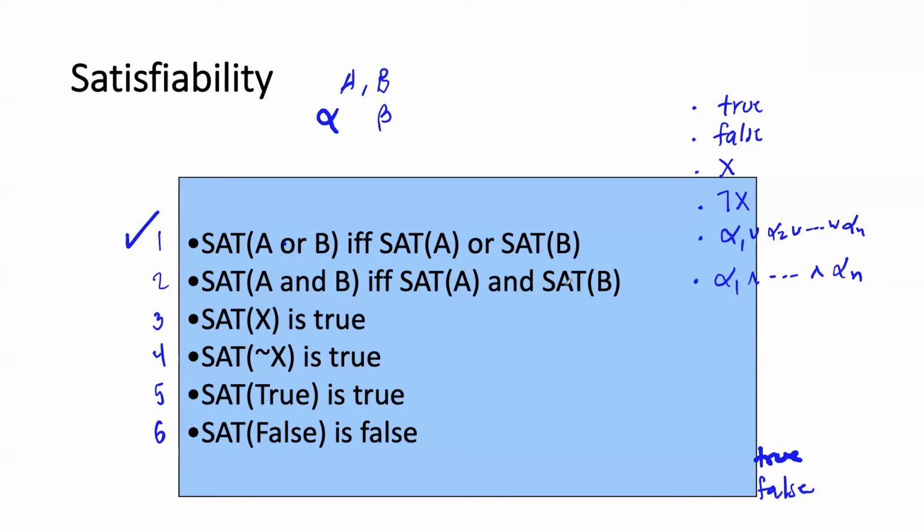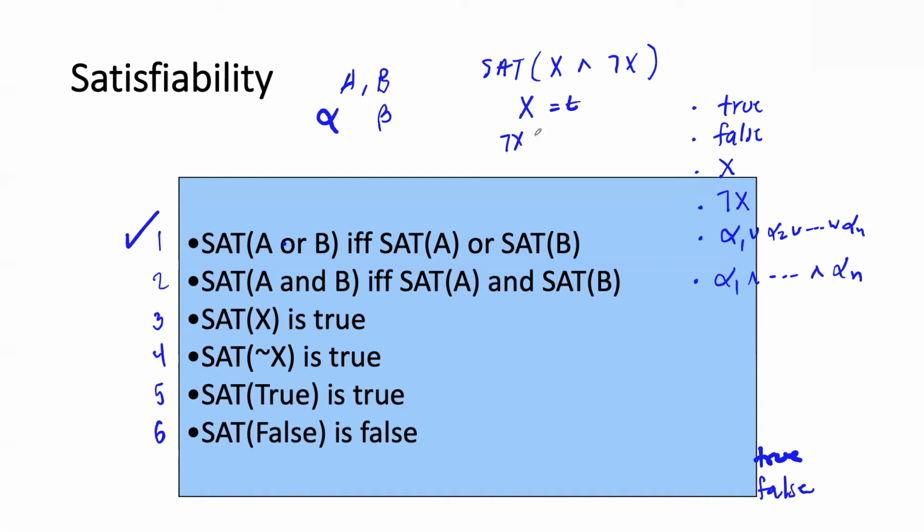All right. And let's look at a very concrete example. This is like a trivial one. If I tell you, let's look at sat of x and not x. So a variable and its negation, right? Now, this guy alone is satisfiable. I can always set this to true and then I will satisfy it.